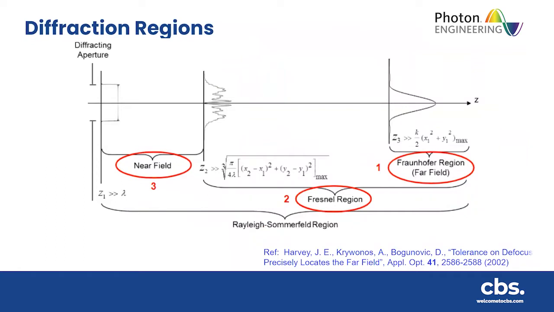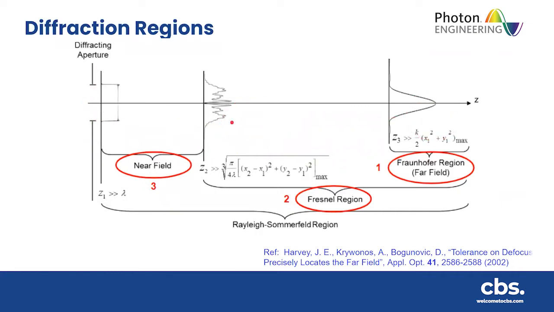Just to clarify what we're talking about here, diffraction. This is an image from this reference below. Basically, it should be known to most of us here that there are three diffraction regions, the Fraunhofer region in the far field, which is what we've just looked at because we're focusing down through a lens. And we have the Fresnel region in the intermediate space between what's called the near field, close to the aperture, and the far field.